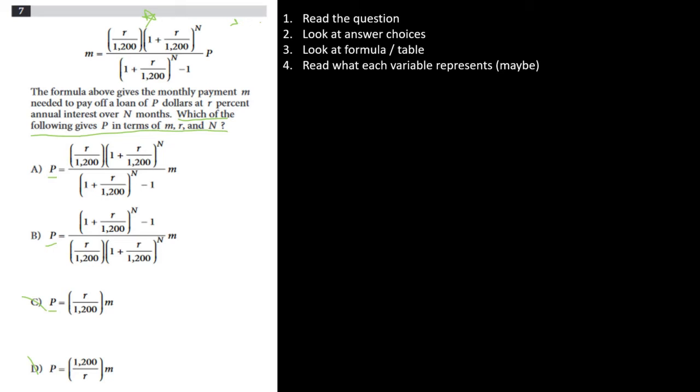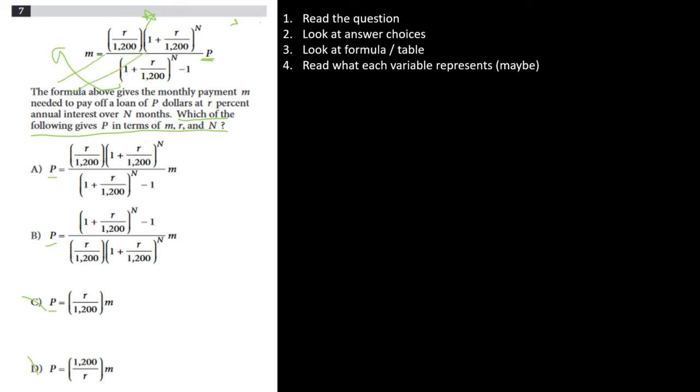Well, if anything's at the bottom, I know it always gets multiplied, so it goes on top. And I want this P by itself, so then anything on top will eventually go on bottom. So this goes on bottom, and then this goes on bottom.